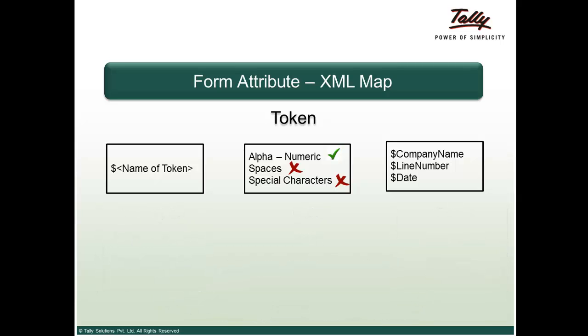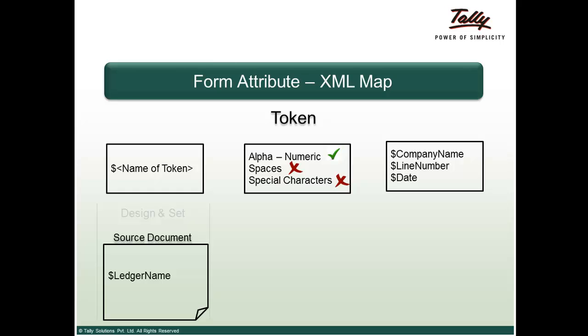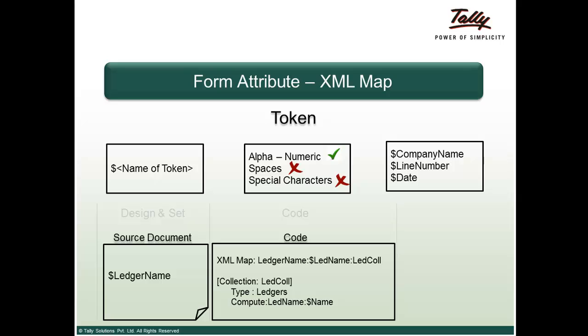As already seen, XML map also allows specification of repeatable data such that when referenced, Tally will create the required number of rows or entries for each object in the collection. Here's an example where the token in the source document $ledgerName is substituted with the method $LedName from the collection LedCol, which gives the name of the ledgers.